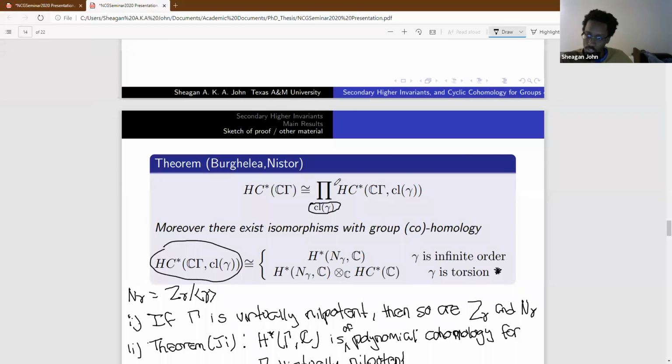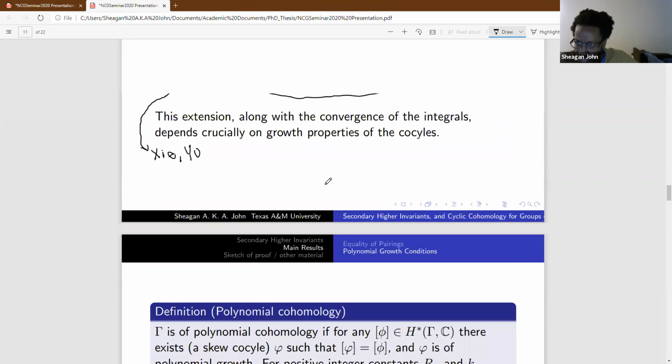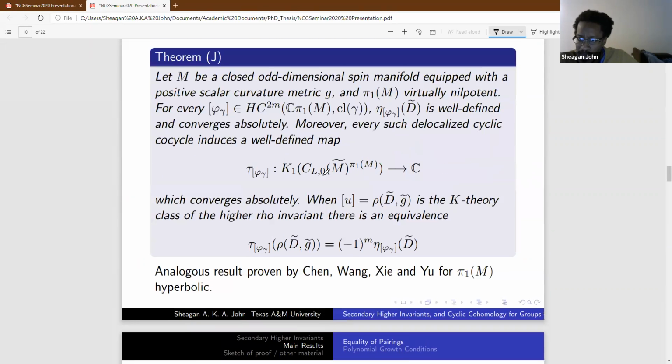Okay. For the higher case, the proof itself, at least the way that I did it, had quite a bit of interrelation between the various dimensions of our delocalized cyclic cocycle complexes.